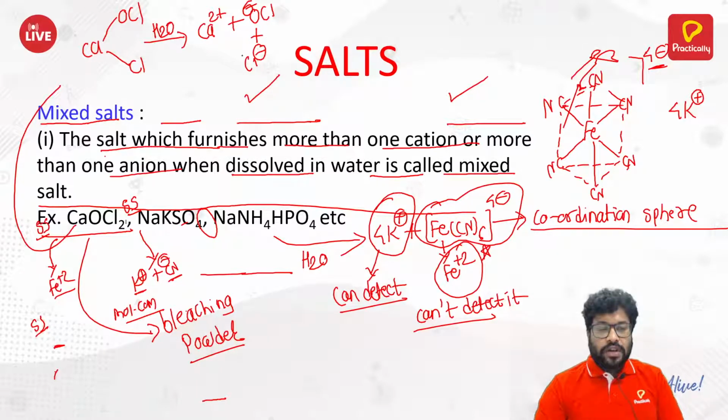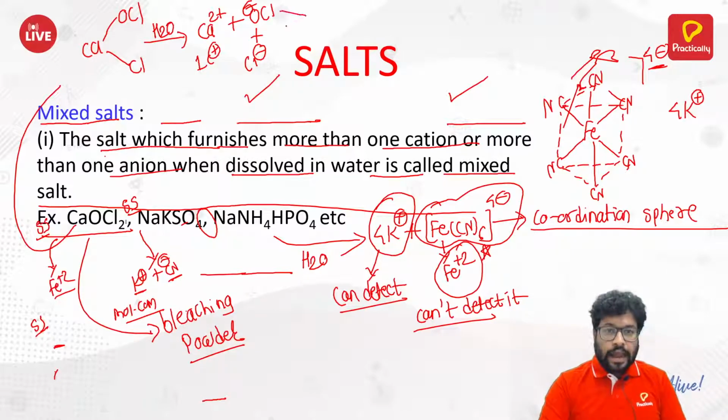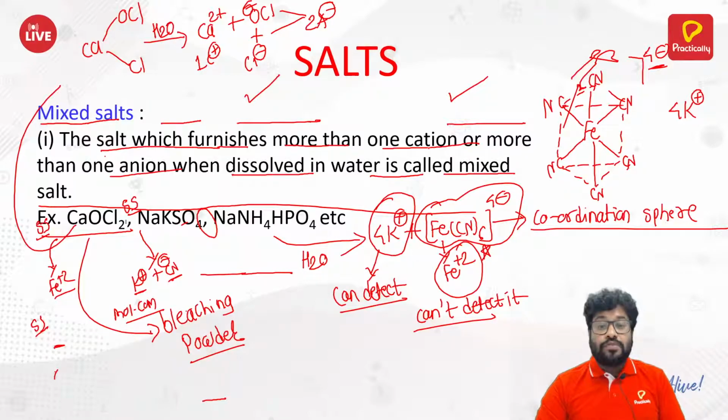See, you have got one cation and two anions. So this salt is giving you more than one cation or more than one anion whenever dissolved in water. Similarly, NaKSO4.